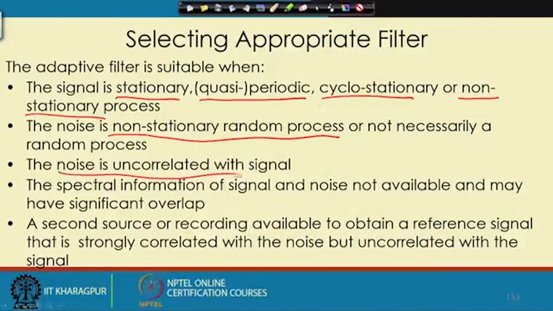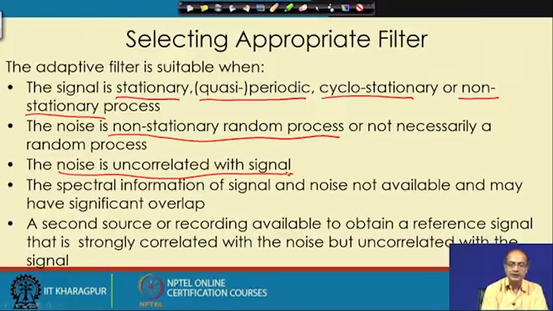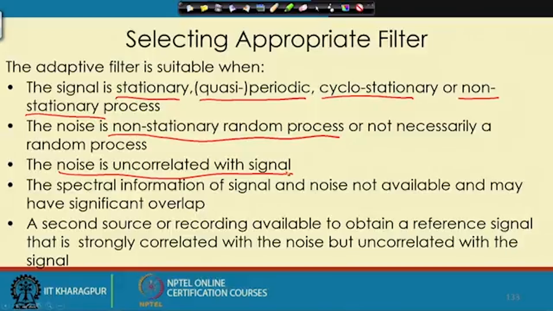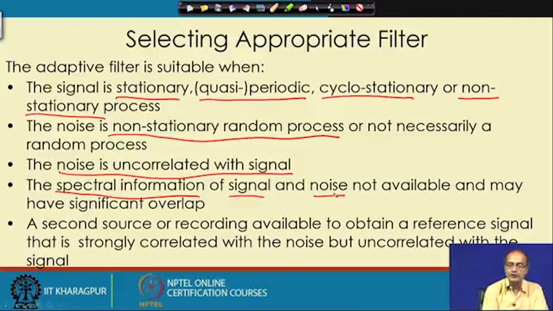So, what is the constraint really in this case? The noise is uncorrelated with the signal. We see for all these techniques that this is one constraint that remains the same, that noise should be uncorrelated with the signal of interest. Next, the demand made by the Wiener filter to get optimality, the spectral information of the signal and the noise, is not required anymore.